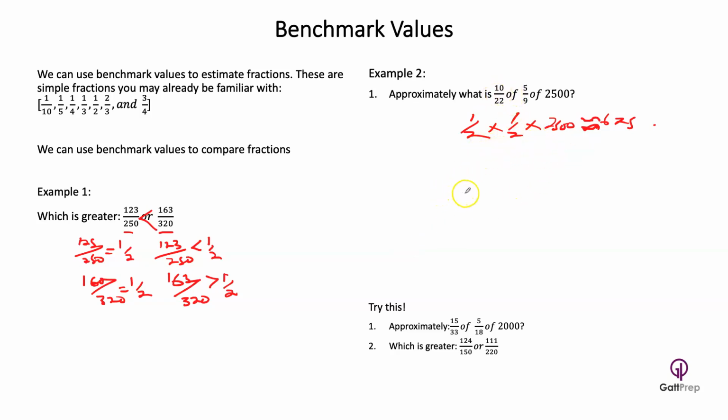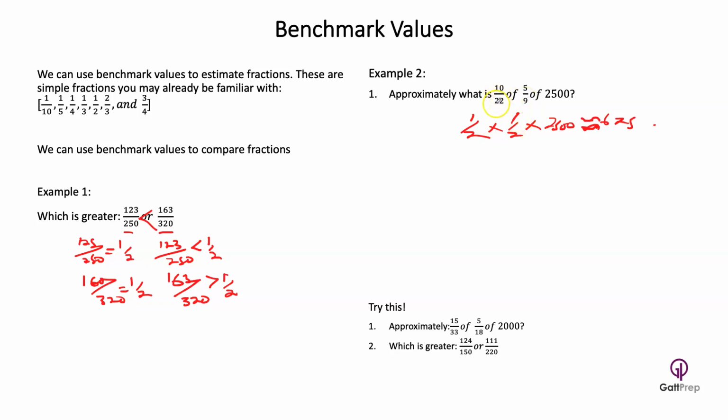One thing that is key when you're solving this type of question is to make your rounding errors partially cancel each other out by rounding some numbers up and others down. So here, 10 over 22 is slightly less than half, and 5 over 9 is slightly more than half.